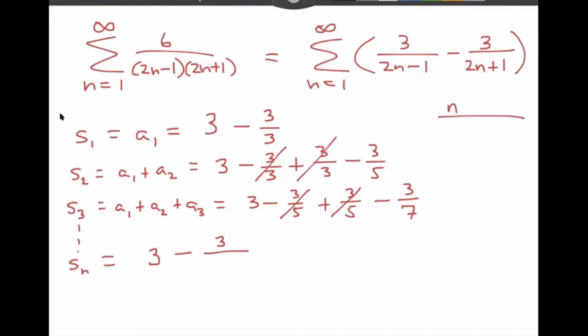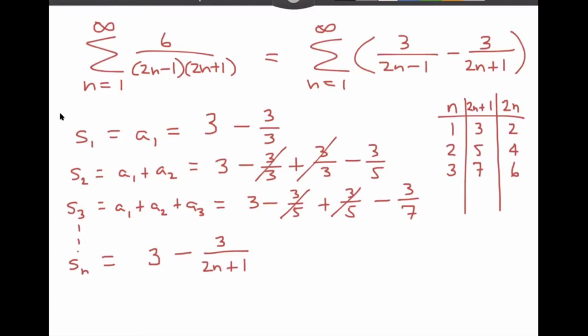So if n is 1, 2, 3, this denominator is 3, 5, 7, which are going up by 2's. My first guess is going to be 2n, which is 2, 4, 6, but I see that that denominator needs to be 1 bigger than that. So the denominator needs to be 2n plus 1. Okay, I might have overthought that just a little bit.